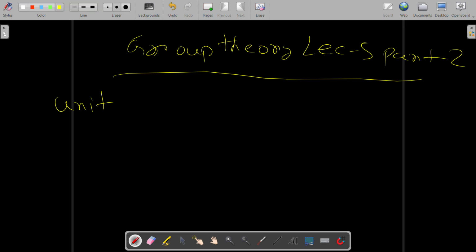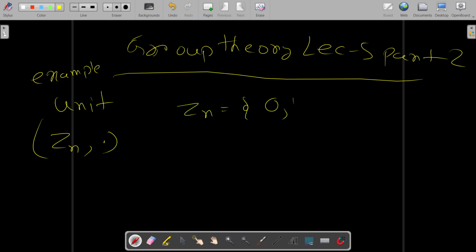So, an example of a unit in a monoid is that we all know Zn is a monoid under the operation multiplication. The set Zn looks like this: 0, 1, 2 up to n minus 1, under multiplication mod n.